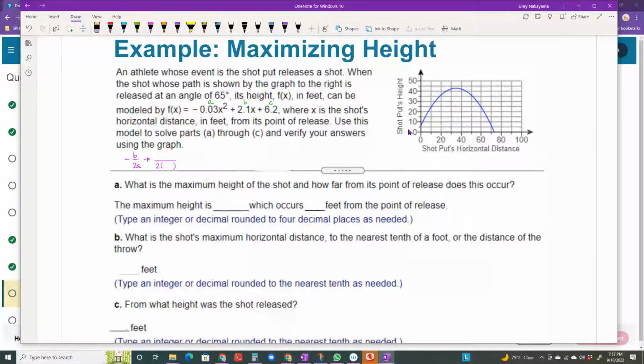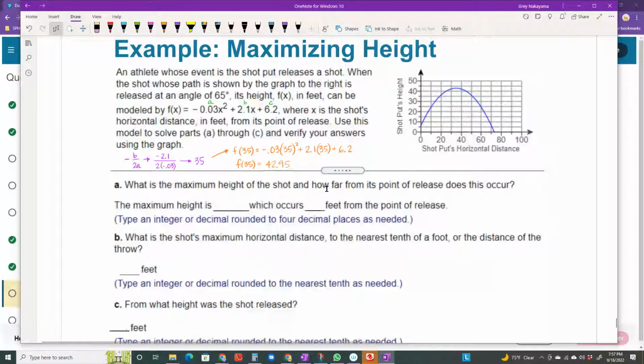So that means negative B, negative 2.1, over 2A, which is negative 0.3. And when I simplify that, I get 35. Now to find the y-coordinate of my vertex, I'm going to plug in 35 everywhere I see x in that function, and I'm going to simplify that to 42.95.